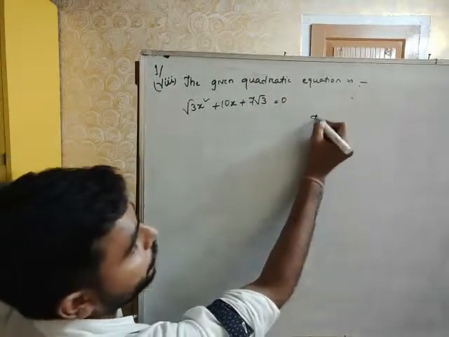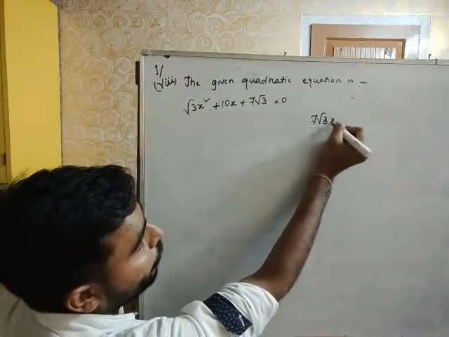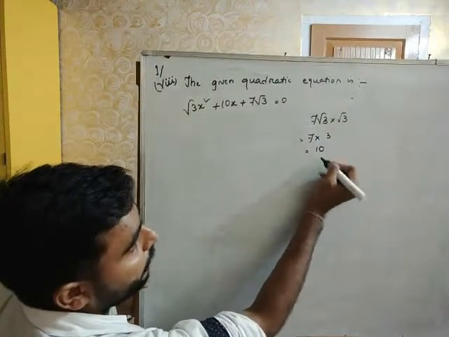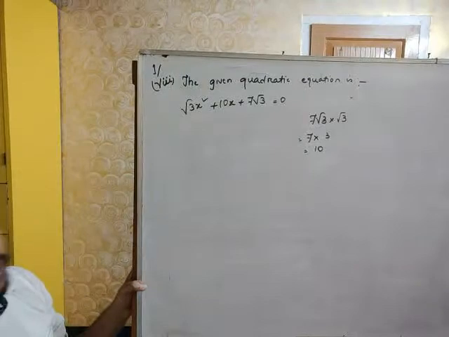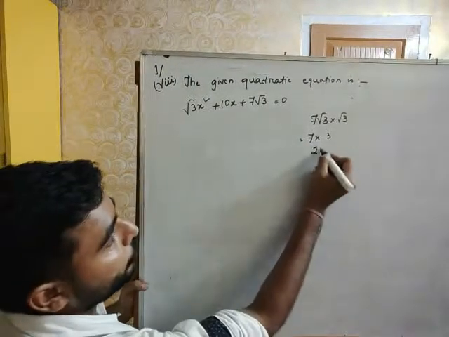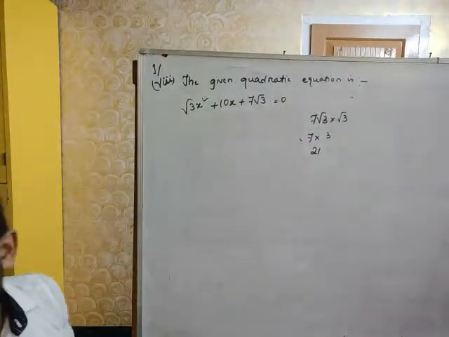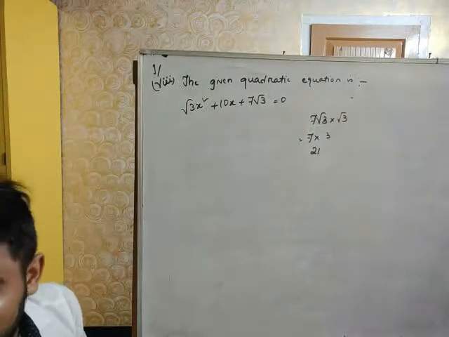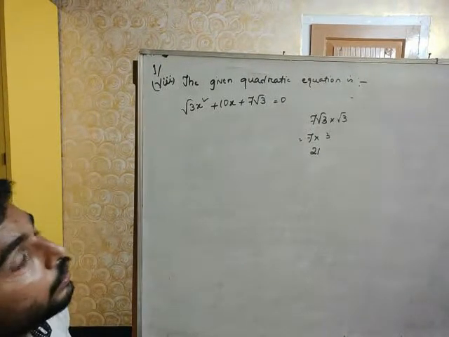So now what is the constant term? Constant term is 7 root 3. Coefficient of x square is root 3. Root 3 into 7 root 3 is 21. And we need to find the factors of 21 and add them to get 10.